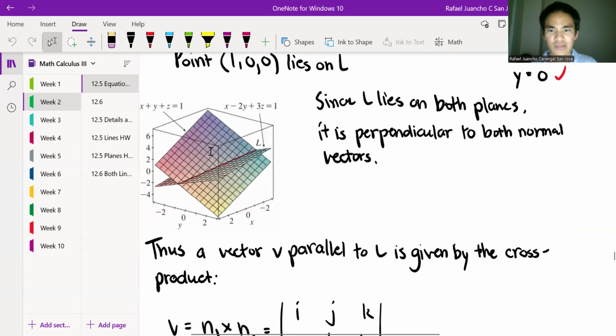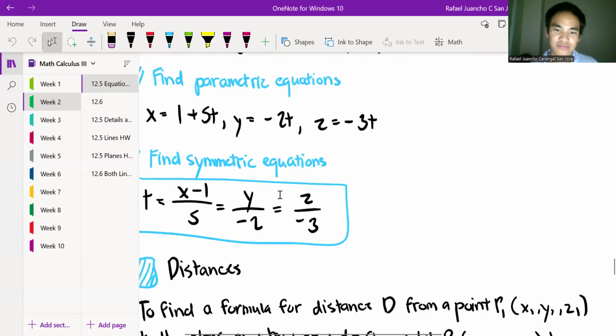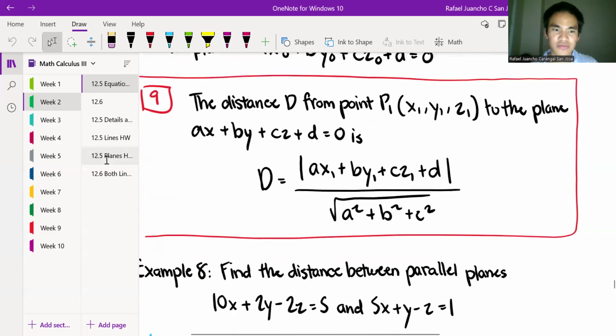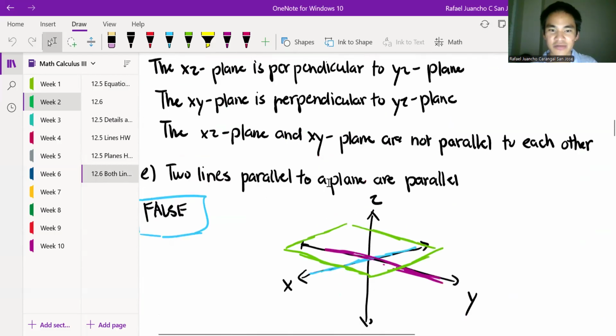But these are two planes. How about another plane that's passing through that? I guess another plane would be, actually we kind of did this in one of the beginning parts here.